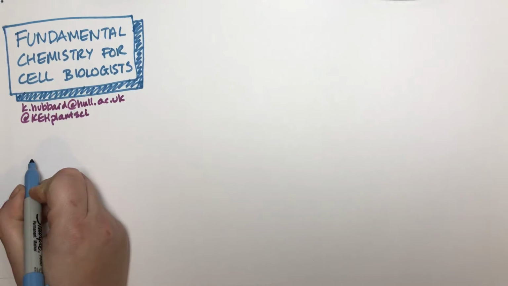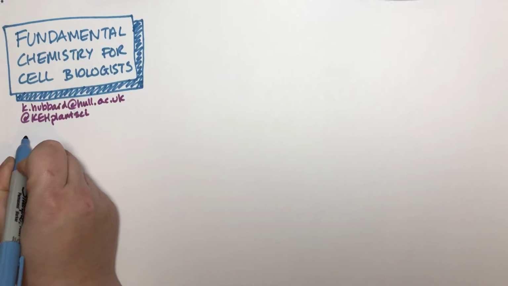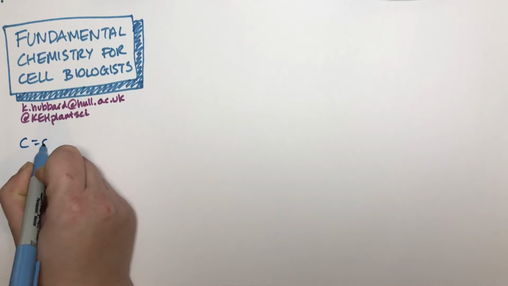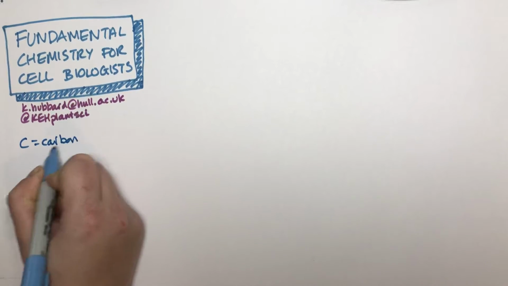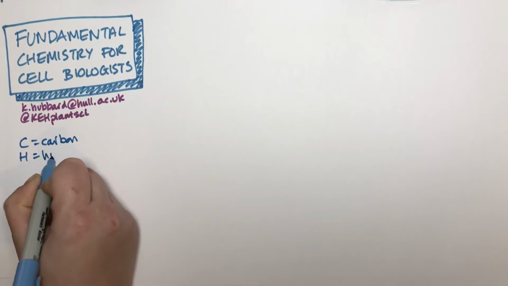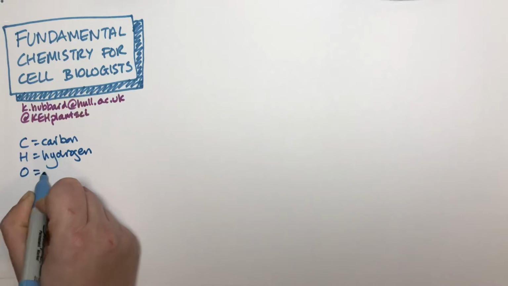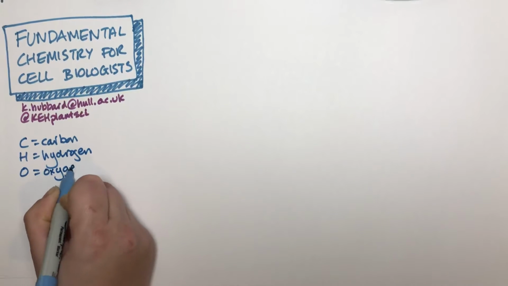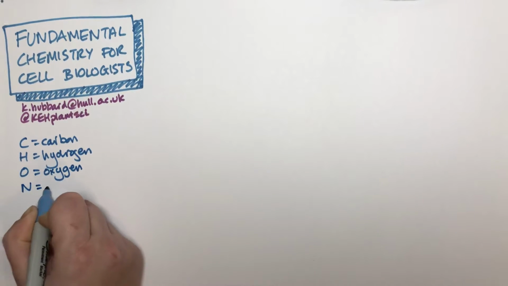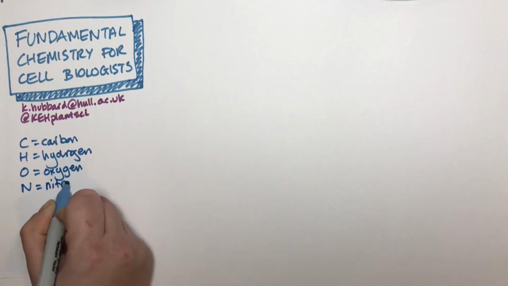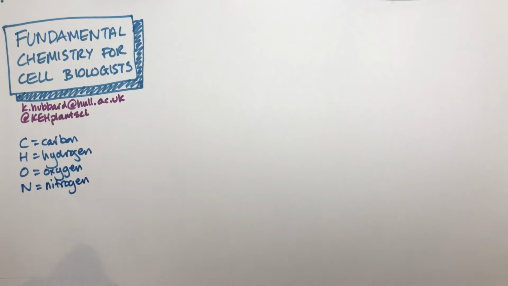So each element has its own symbol. And the ones that we most commonly use in biology are C, which is carbon. We have H, which is hydrogen. We have O, which is oxygen. We have N, which is nitrogen. So those are the most important elements that we'll come across.